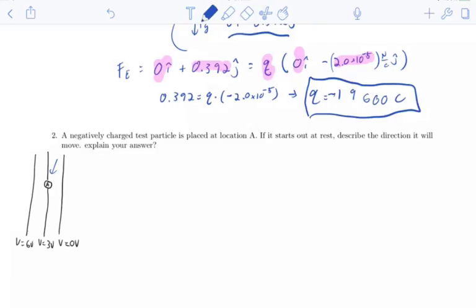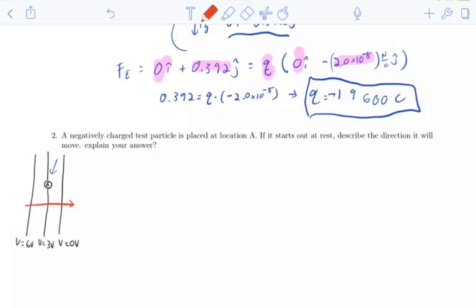So what do I know about the electric field? Well, the electric field, I'm drawing it red. The electric field is perpendicular to these surfaces, whatever it is. So the electric field is probably pointing to the right, or it's pointing to the left. Which one is it? Let's see, the electric field points in the direction a positive charge feels a force, right?